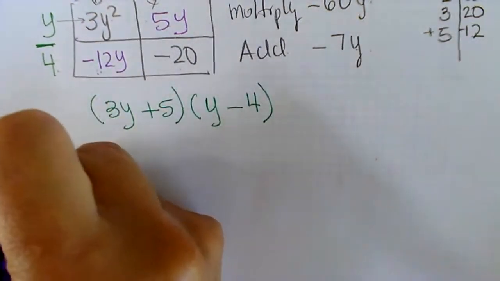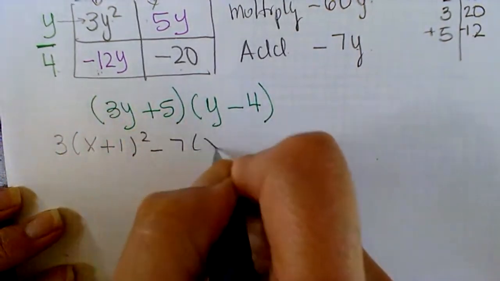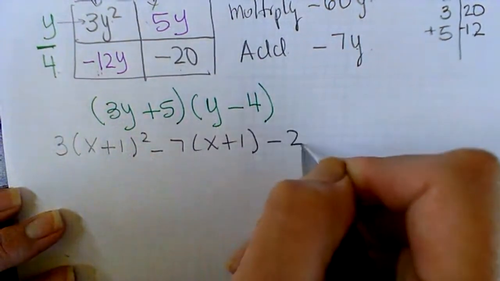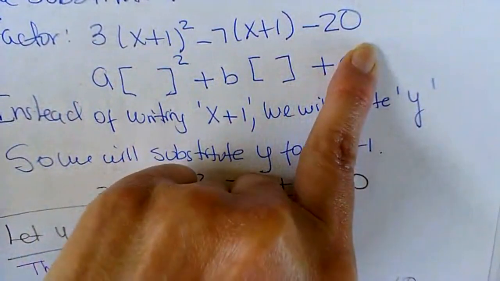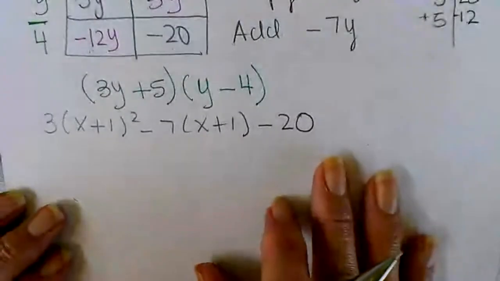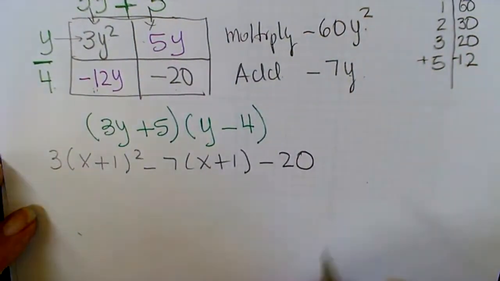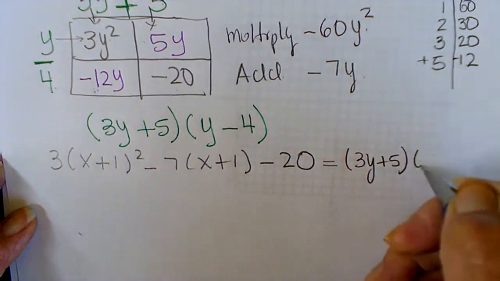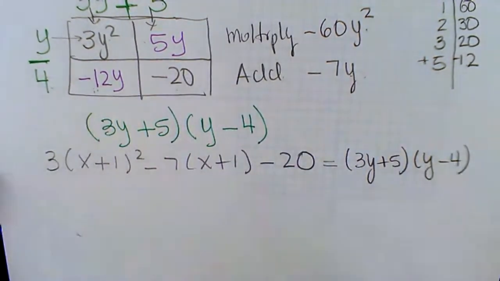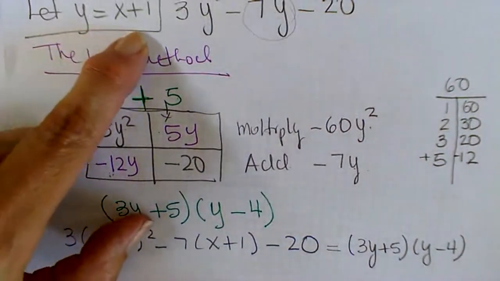We have 3 times x plus 1 squared minus 7 times x plus 1 minus 20. That was our original exercise. Okay, I'm just writing it down here. And the answer that we got was 3y plus 5 and y minus 4. But don't forget that we said that we were going to let y be equal to x plus 1.